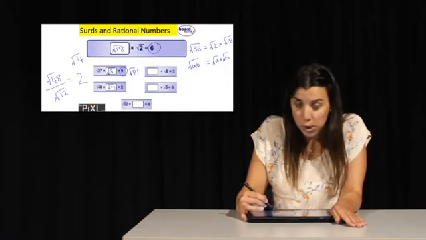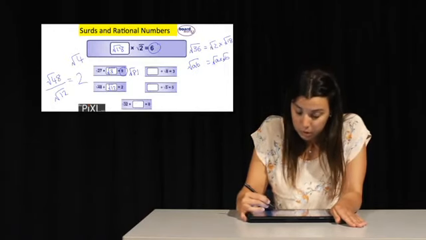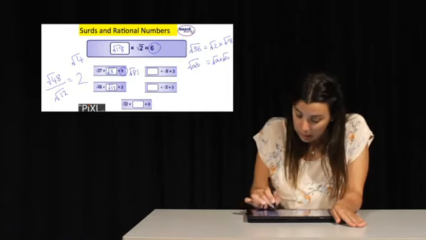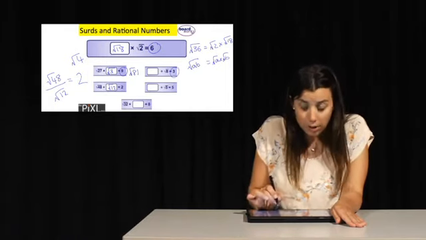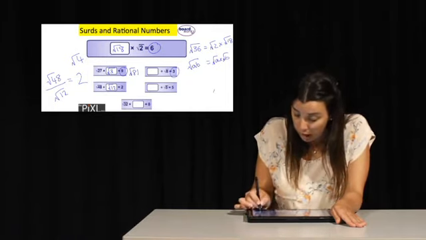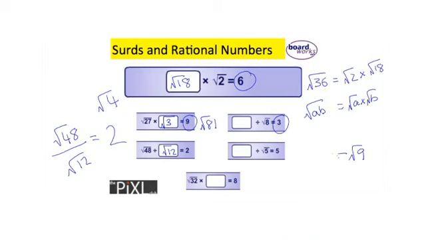Our third one is also a division. We have something divided by the square root of 8 being equal to 3. Our 3 comes from the square root of 9. This time our missing value is in the numerator and our denominator is the square root of 8. So we have the root of something divided by the root of 8 is equal to the square root of 9.